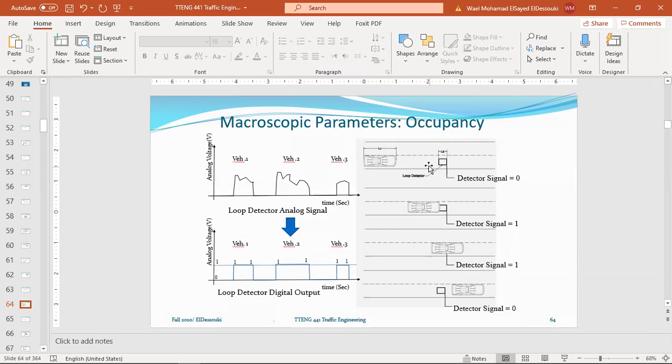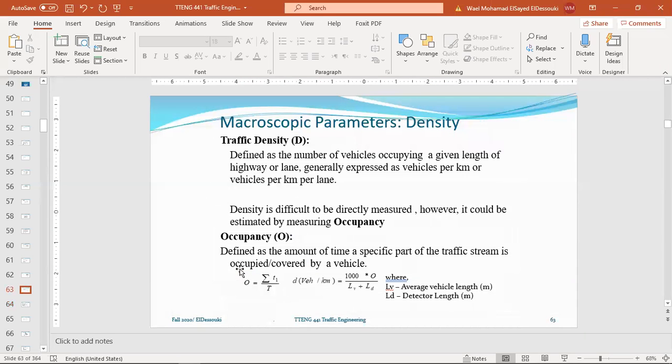The percentage of time this loop detector is covered with a vehicle, we calculate it from here. Basically, we calculate the density from here, because occupancy is sigma T1 over T. Then the density will be 1000 multiplied by the occupancy divided by the vehicle length plus the loop detector length.